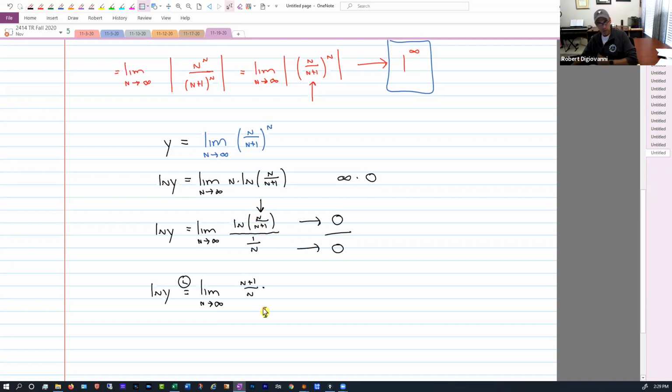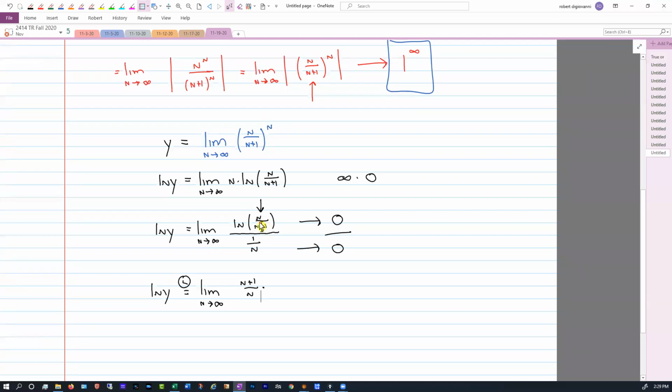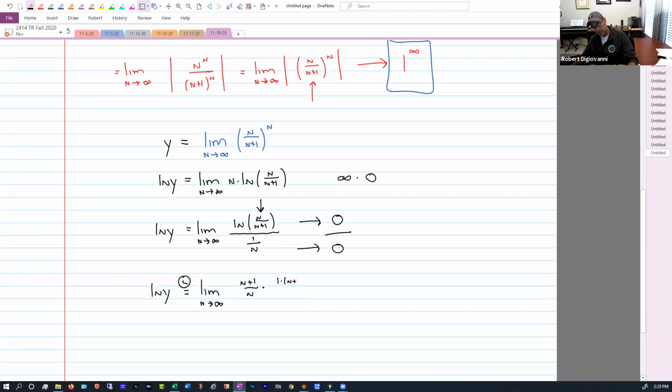Times, don't forget, chain rule. Now you have to take the derivative of what's in here, which is n over n plus 1. Quotient rule. Oh yeah. Derivative of the bottom is negative 1 over n squared.